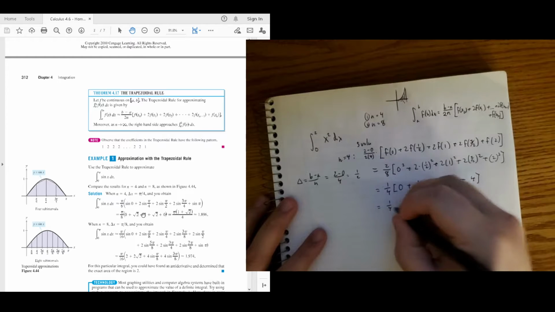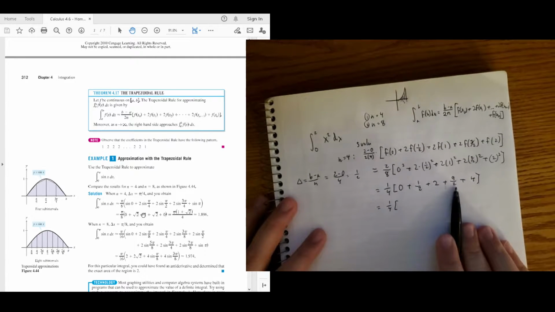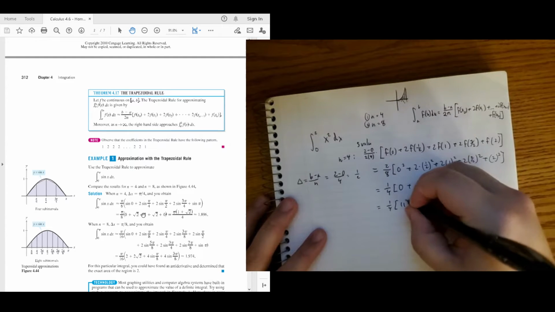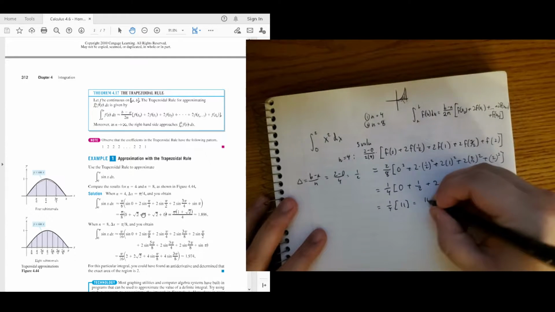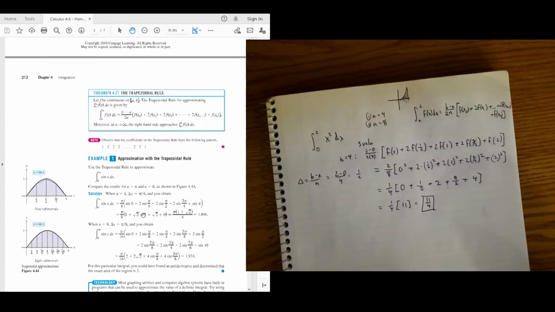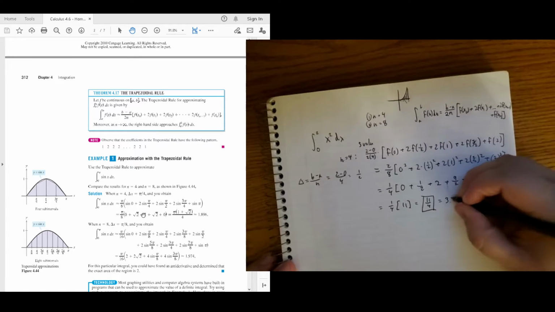So 1/4 times, let's see, 1/2 and 9/2 makes 10/2 or 5. 0 plus 5 plus 2 plus 4 would make this 11. And so we end up with a value of 11 over 4, which is beautiful. Or equivalently 3.75.